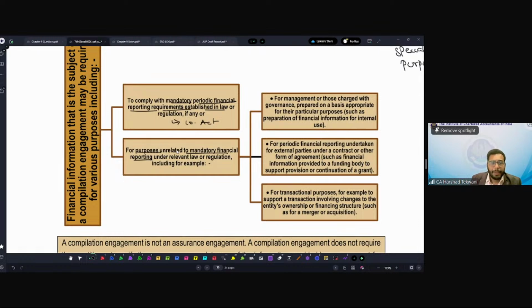For example, MIS reporting prepared for management or those charged with governance, for internal use, such as financial information provided to a funding body for funding startups or a project report kind of thing. Different kinds of reasons could be there: funding, merger and acquisition, or due diligence.